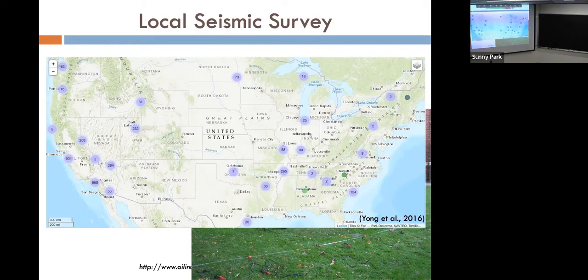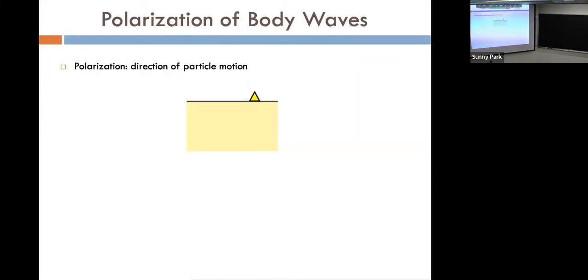So to do that and study the near surface structure, today I would like to introduce a new method, and I would like to do that by looking at what's called polarization. And by polarization, I mean the direction of particle motion. So to make it easier to understand, let's assume the earthquake is sitting right below the station.